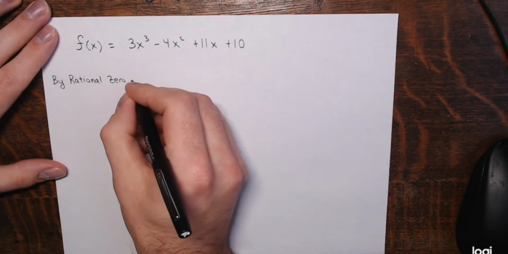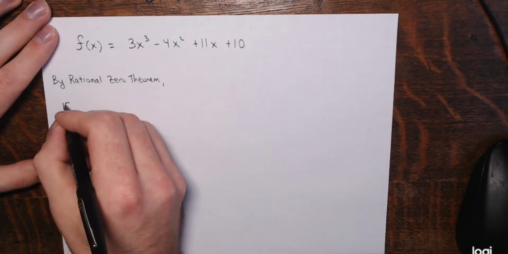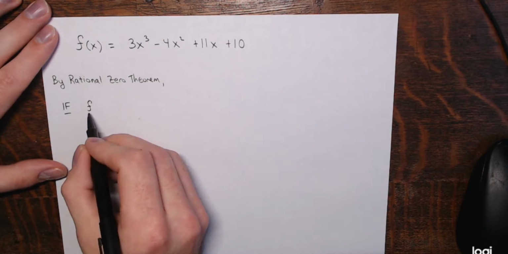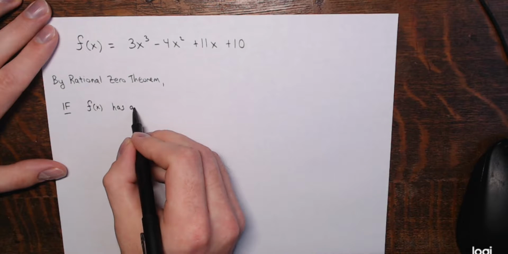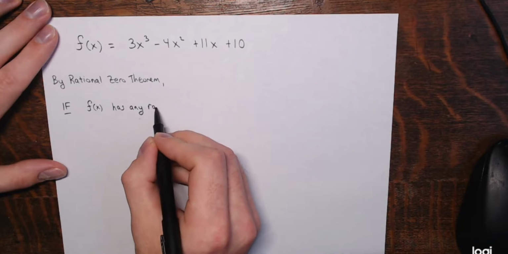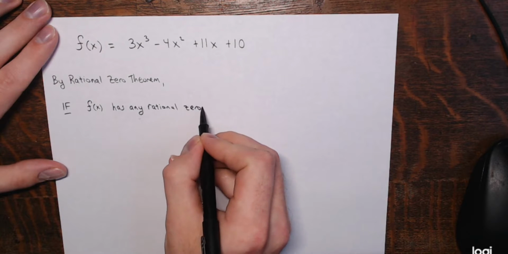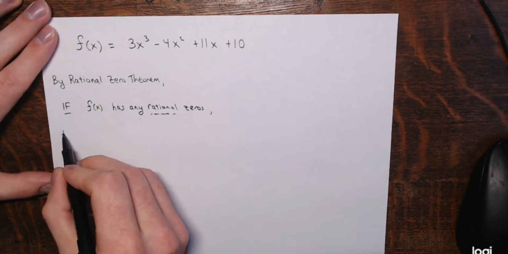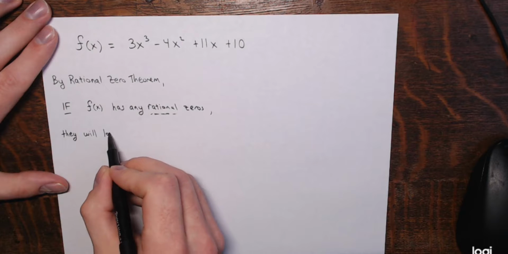So by the rational zero theorem, if this polynomial f has any rational zeros, they will take the following form.